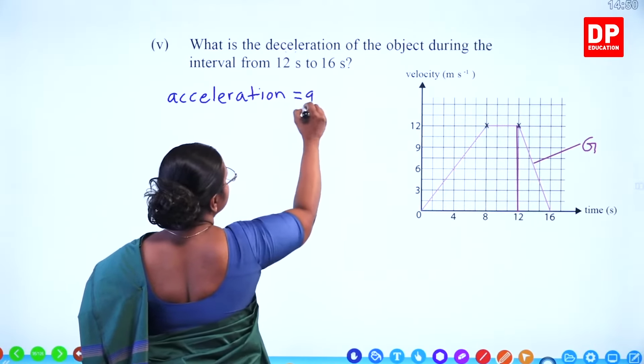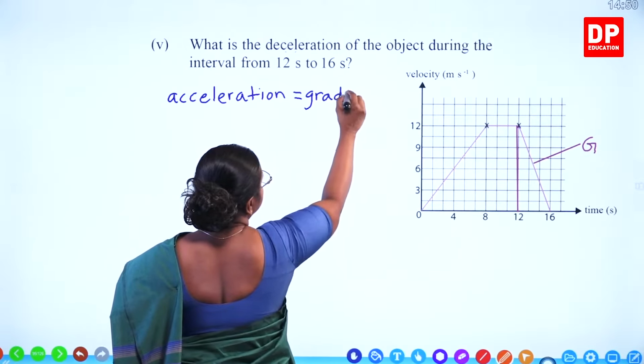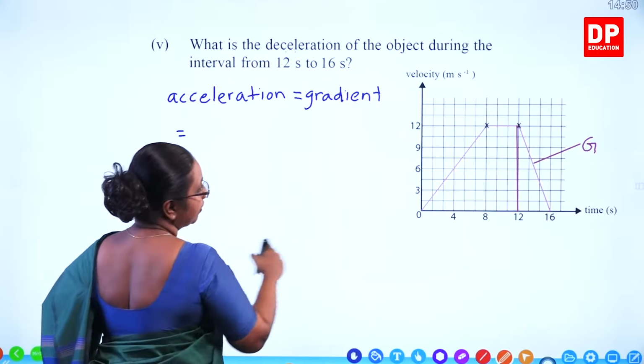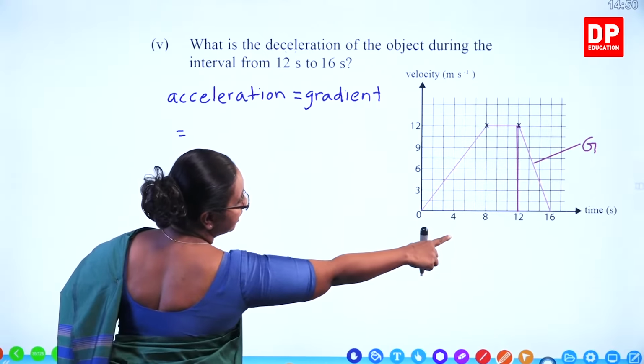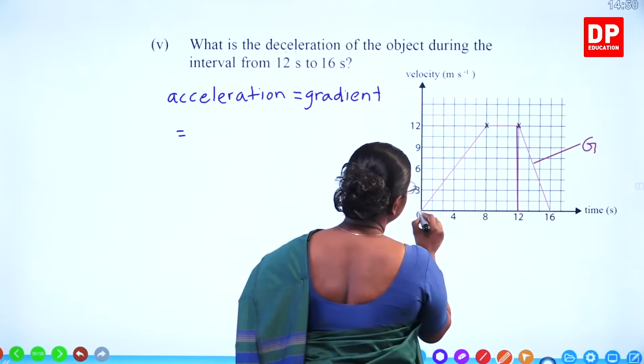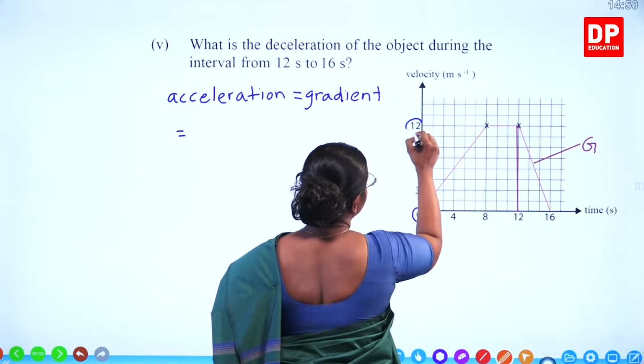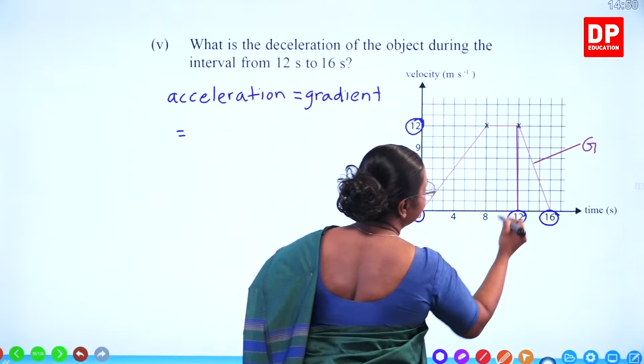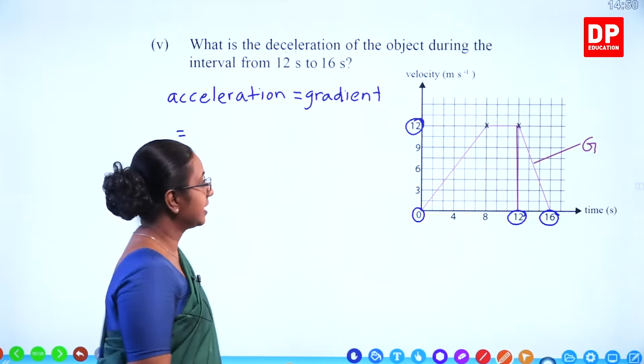equals gradient, and that is equal to gradient, final value is 0 here and initial value is 12, and the time is from 12 to 16 seconds.